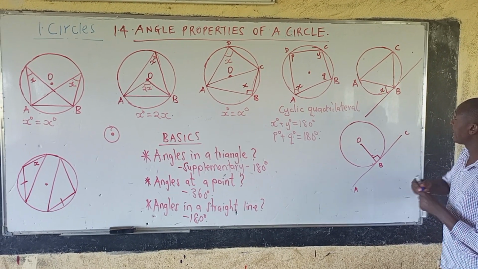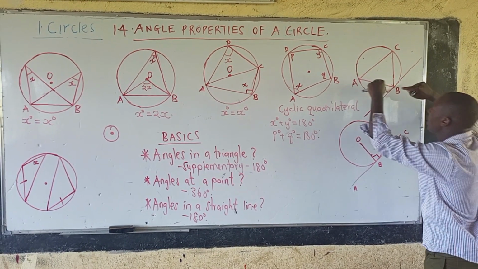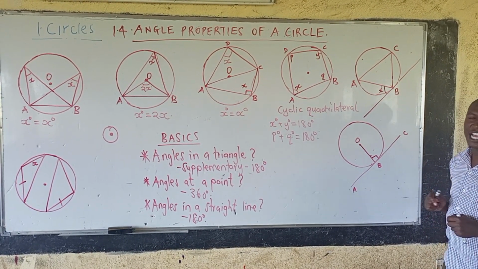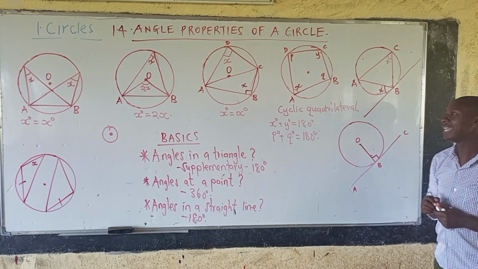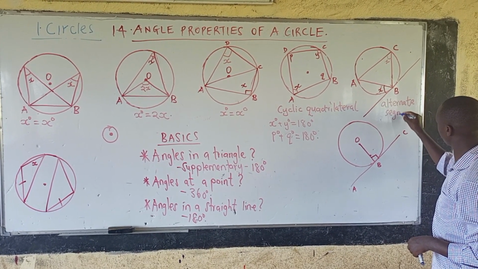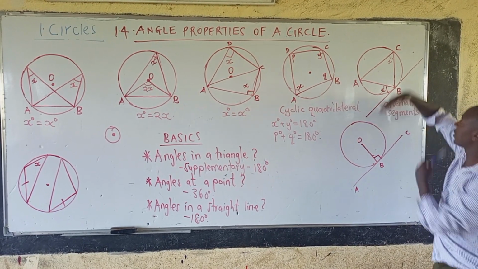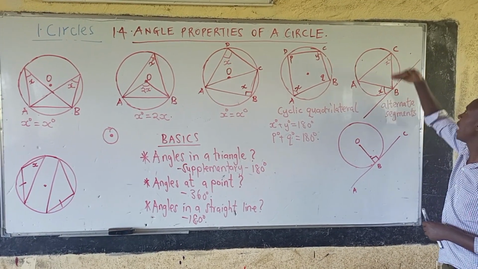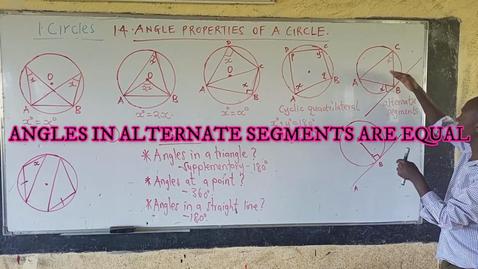If that angle is x degrees, then the angle subtended by the chord in the opposite segment is also equal to x, and that property we call alternate segment. Because this is a segment and on the other side we have another segment. So any angle formed in the alternate segment is going to be equal to the angle formed in the first segment.